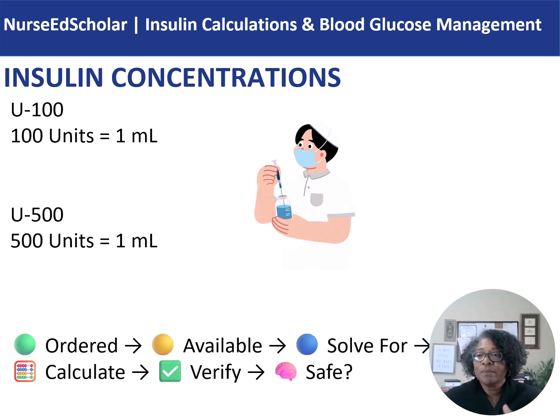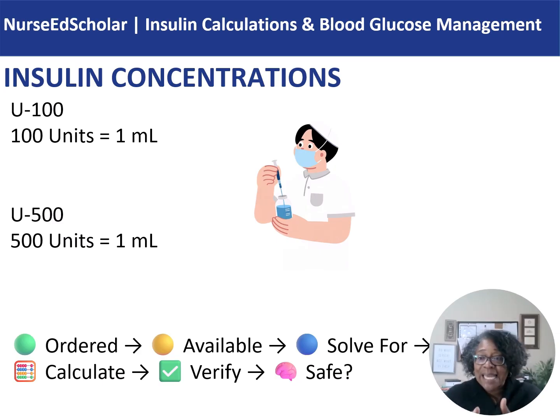Okay, so remember when I said you want to make sure of what's available? You want to look at that bottle of insulin, because insulin concentrations can be different. Some may be 100 units per 1 milliliter. Some can be 500 units per 1 milliliter. So please make sure you read that vial and know what's in it.